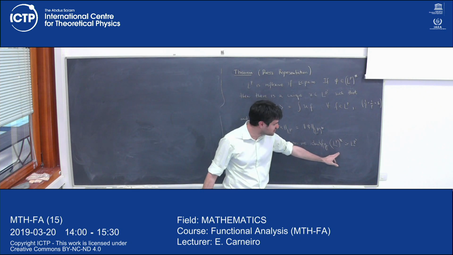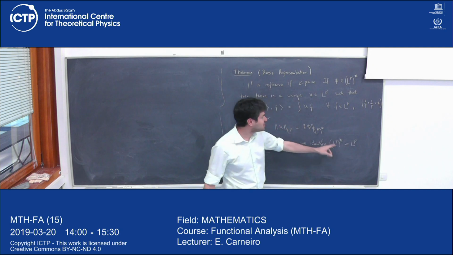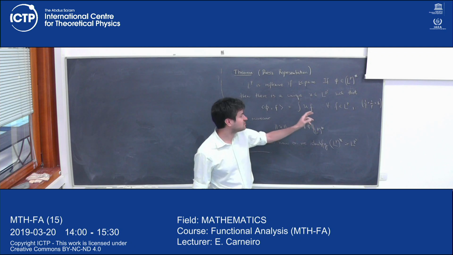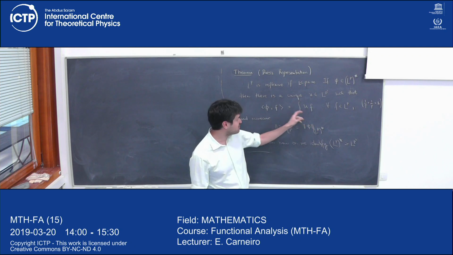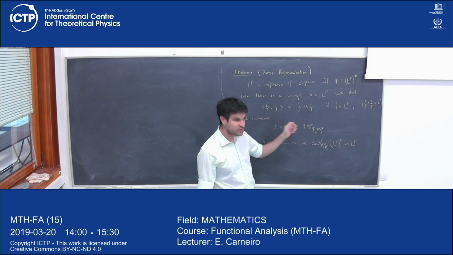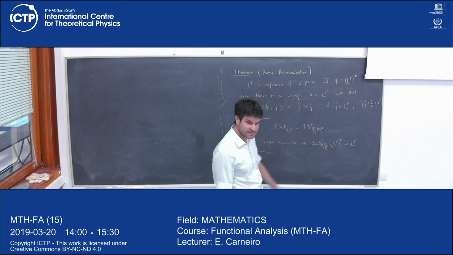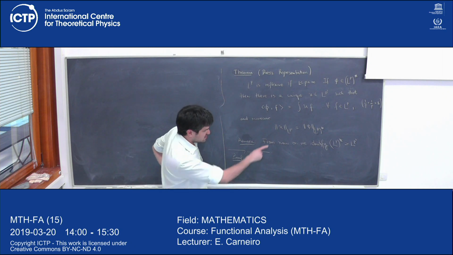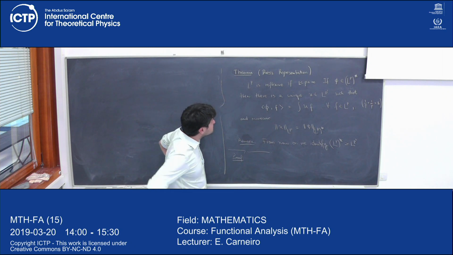Every function in L^p' gives, by integration, an element in the dual of L^p, and conversely, every element in the dual of L^p can be written as an integral against a certain function. But when we get there, we'll formalize this isomorphism.